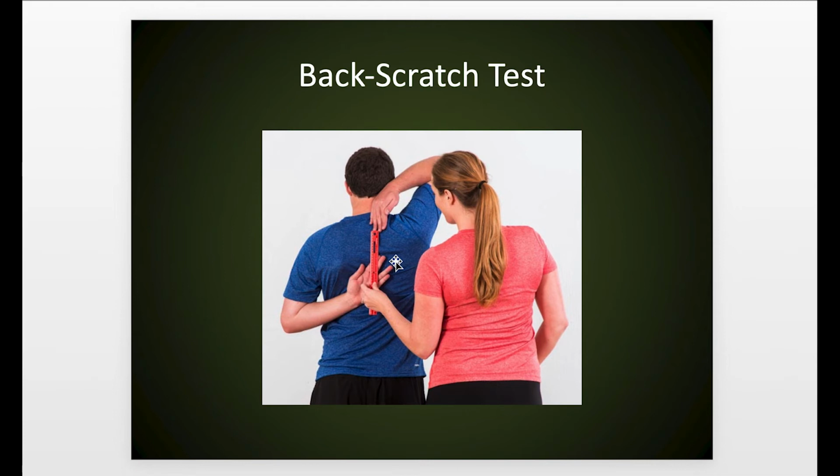And in fact, this can vary even within the individual themselves. What I mean by that is there's two parts to this test. You need to do a right arm over and a left arm overhead. So you're going to be switching your arms to where either the right hand is going over top or the left arm is going over top.